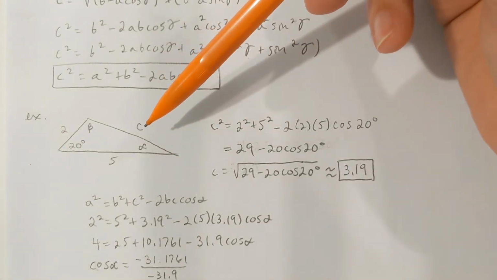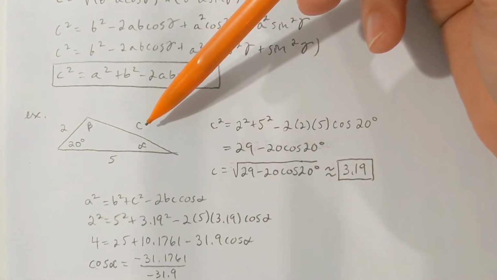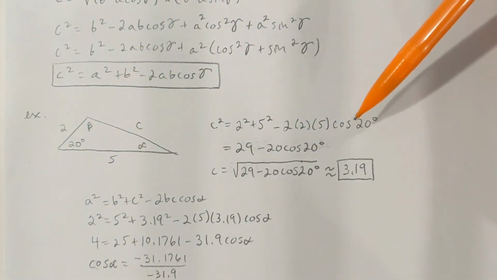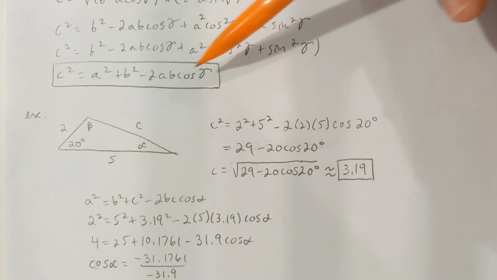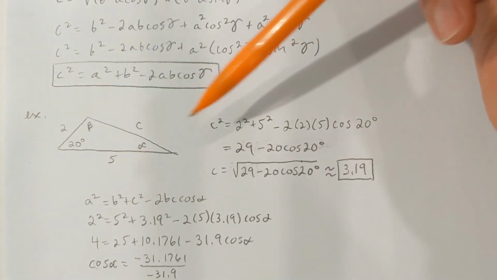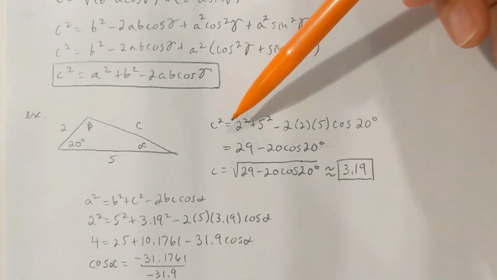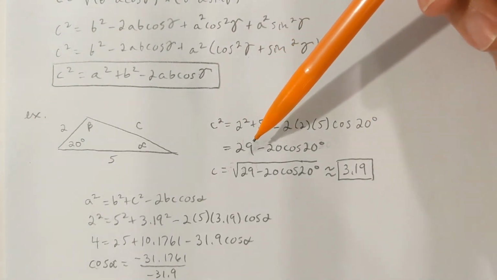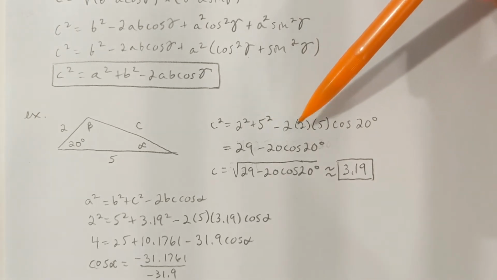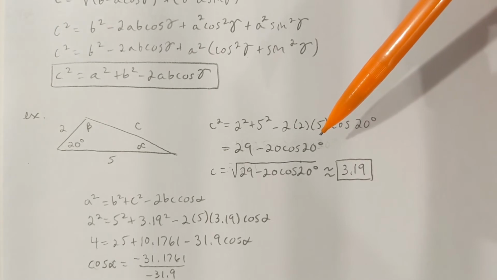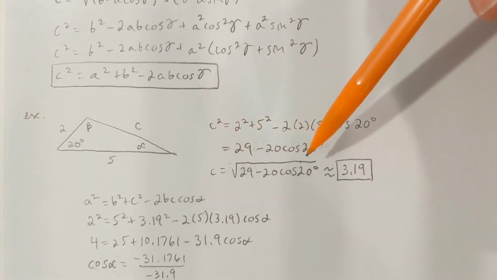So if I want to find C first, gamma is opposite C, that's 20 degrees here, and I'll be using this formula that I've got circled. A would be 2, B would be 5, and I've plugged in the numbers there. 4 plus 25 is 29, and then it's going to be minus 20 times cosine of 20 degrees. I want to find C, so take the square root of both sides.